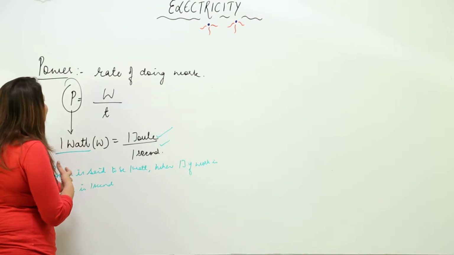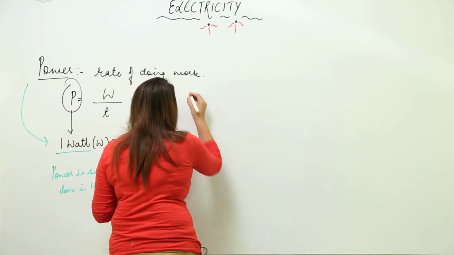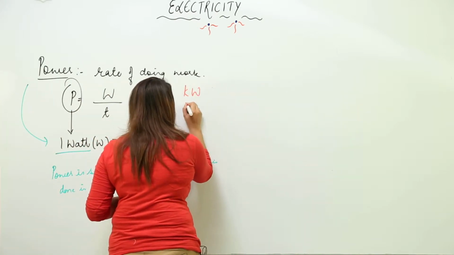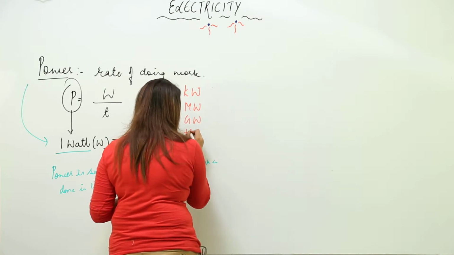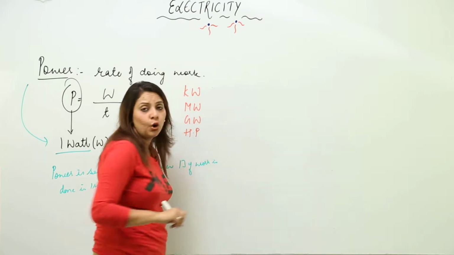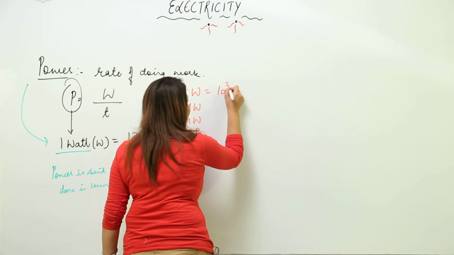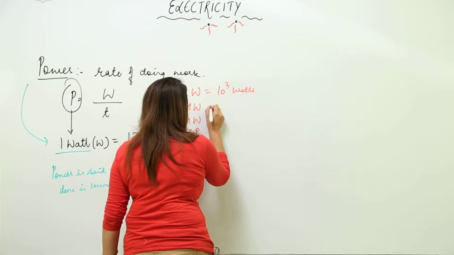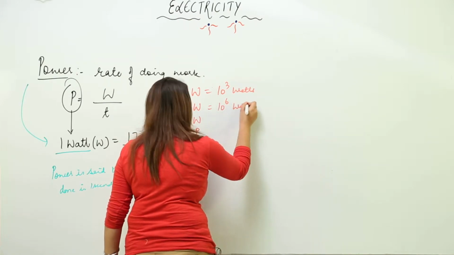The SI unit of power is watt, but we have many more units. The bigger units can be kilowatt, megawatt, gigawatt, and there is an older unit also, that is the horsepower. 1 kilowatt is equal to 10 raised to power 3 watts, that means 1000 watts. Mega specifies 6, so 1 megawatt is equal to 10 raised to power 6 watts.